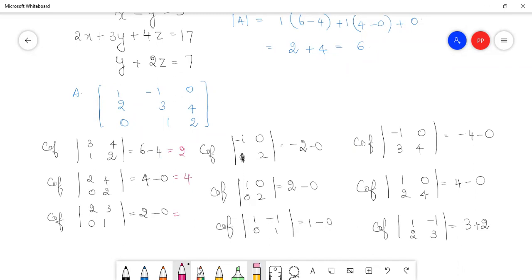Two, 4, 2, minus 2, 2, 1, minus 4, 4, 5. So while writing my adjoint of A, I will change the sign now. So I'll say 2 minus 4, 2. I'm writing column wise. Again, this is going to be my, change the sign as such, change the sign as such, change the sign as such.